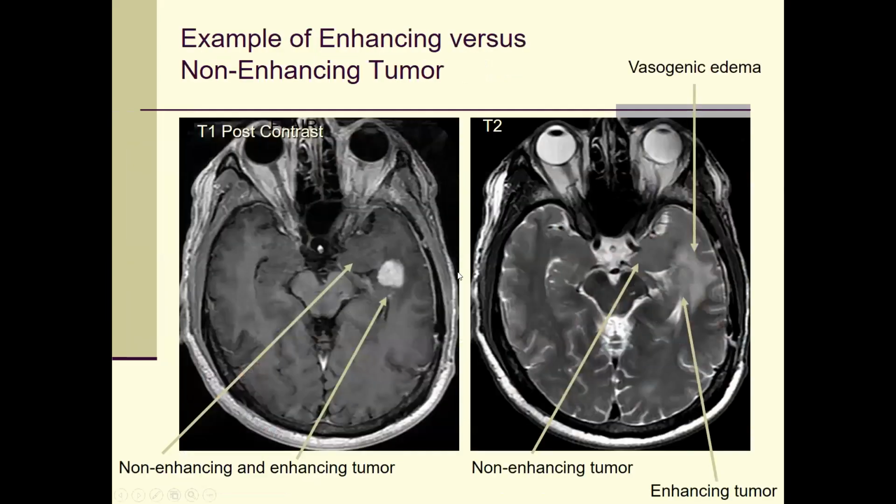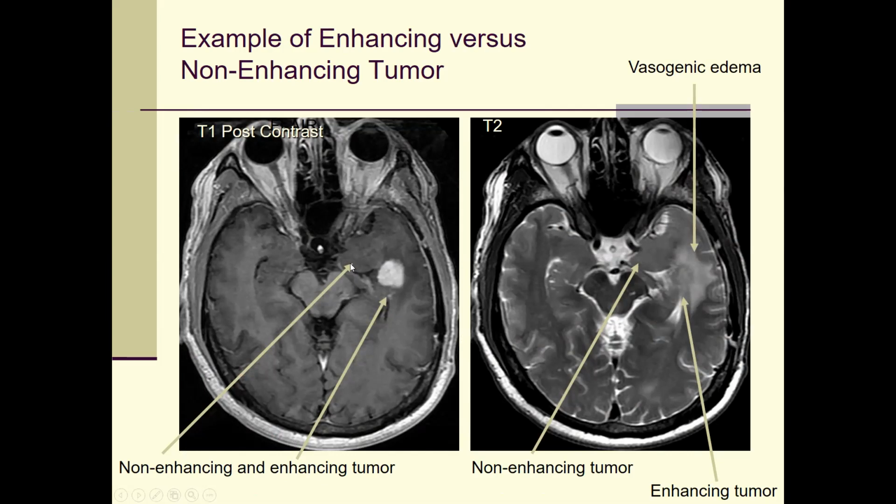So here's an example of a GBM, where you see this enhancing mass with the edema, but also anterior to it, there is some expanded structure here, which is not enhancing. So this is a non-enhancing component of the tumor, and this is the enhancing component of the tumor.